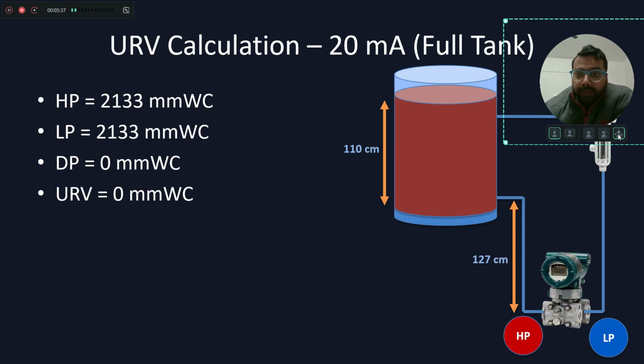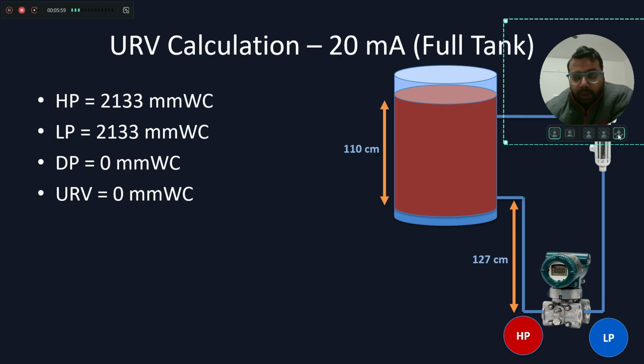You observe that in most closed tanks, URV is nearly 0 or a very low negative value. So now we have the value of the LRV and the URV. This is a very simple method to find the LRV and URV value of any transmitter.